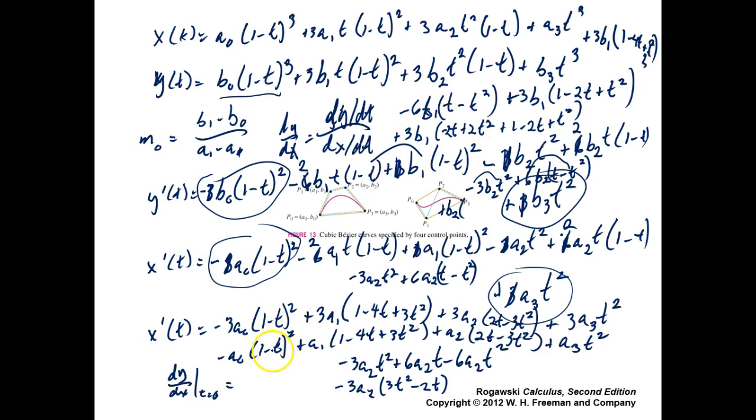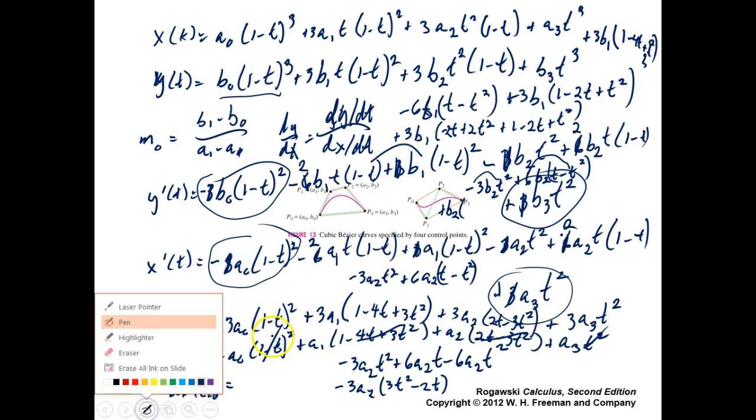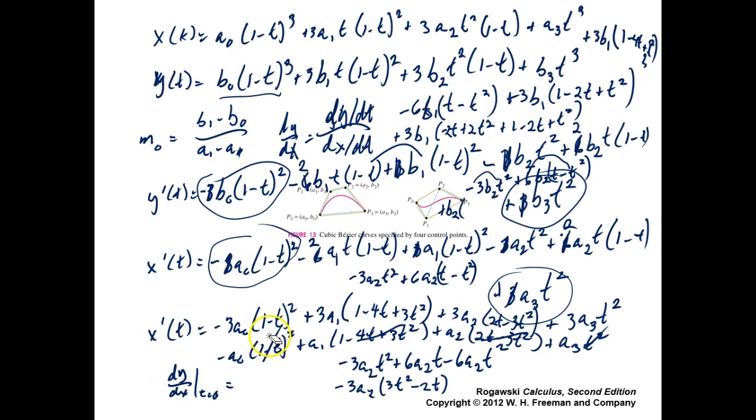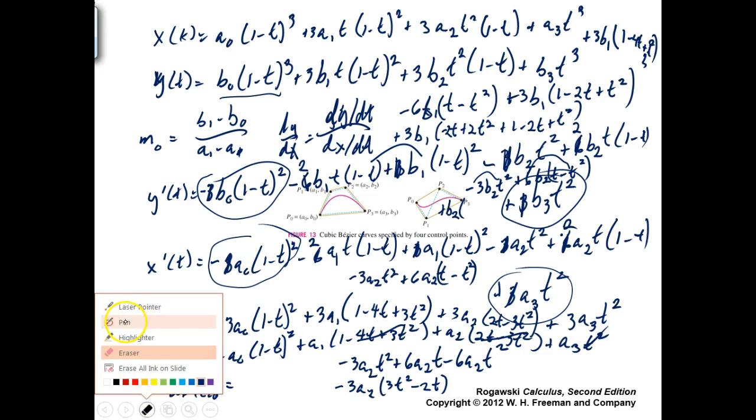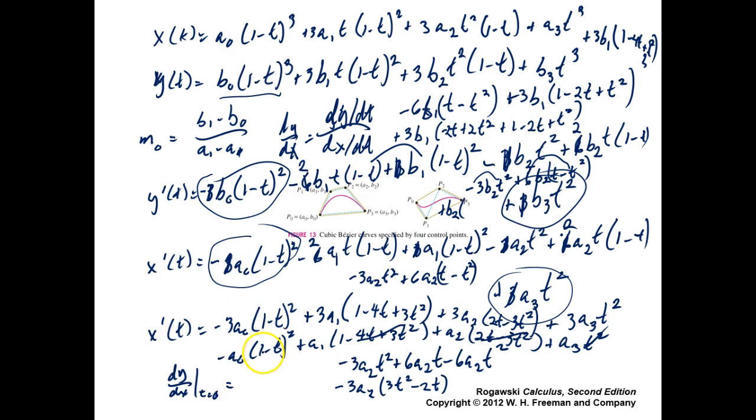At t equals 0, that term goes away. These two terms go away. These two go away. That goes away. So all we're left with, no, I'm sorry. The first one didn't go away. At t equals 0, this one didn't go away. Sorry. I was trying to get too much out of the way first. This term stays 1.